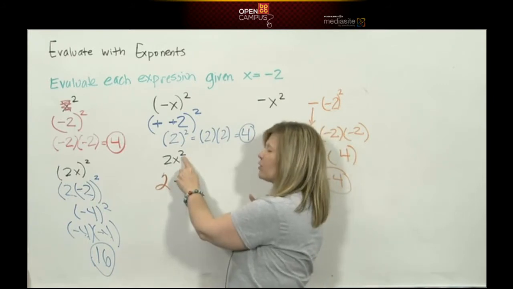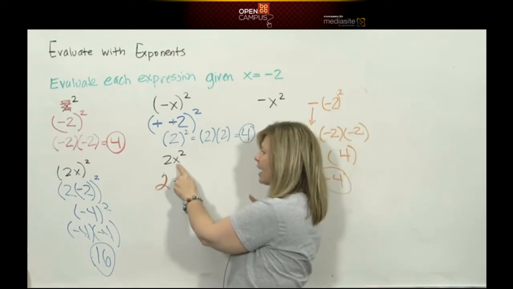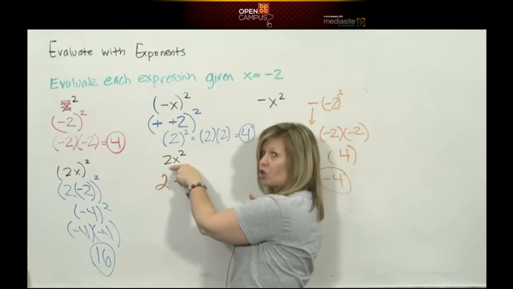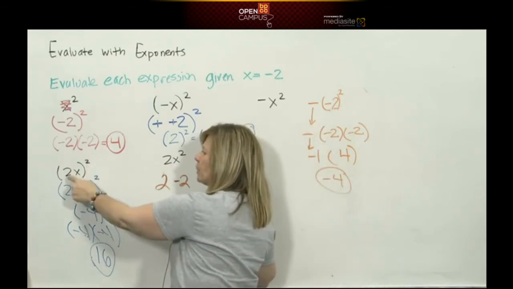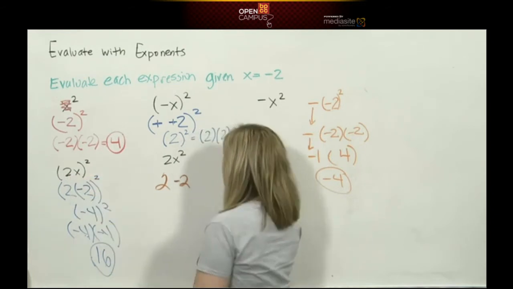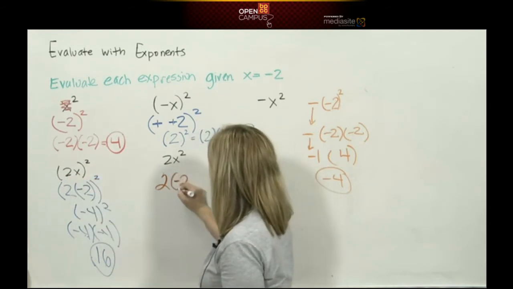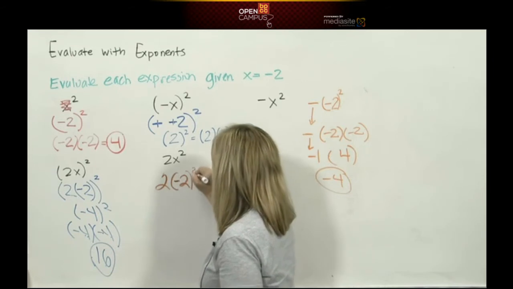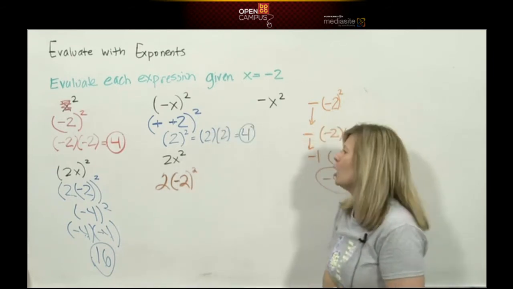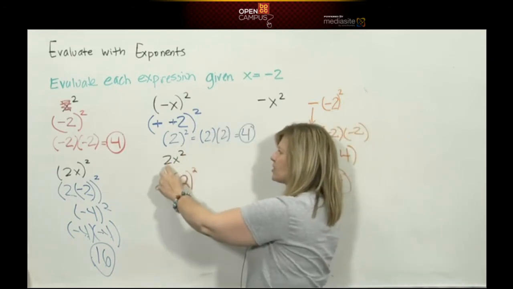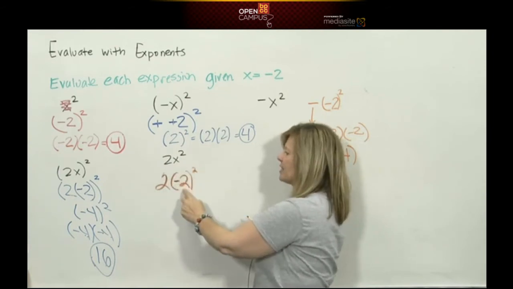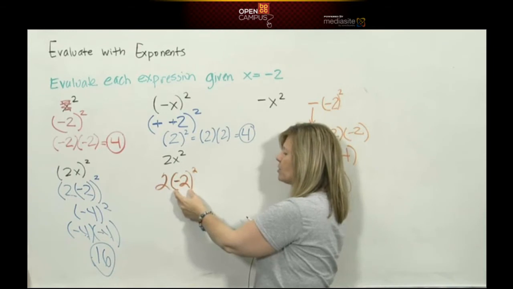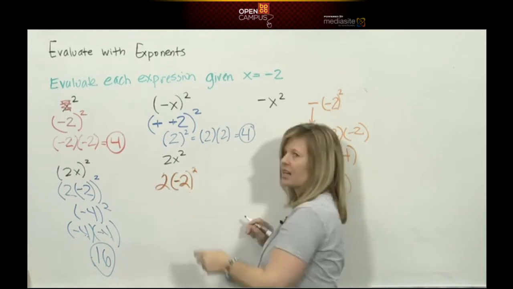This exponent, the square, only belongs to the letter x because this term is not in parentheses. Over here, this squared belonged to both. So it's very important when we write this, we just put the parentheses around the -2 because that's what we're squaring. Without parentheses, this exponent only belongs to the x. The x is -2, so that's why I'm putting it in parentheses to show that square belongs to -2.